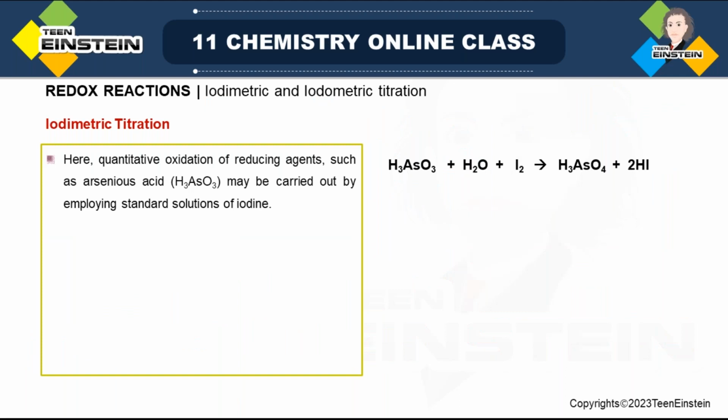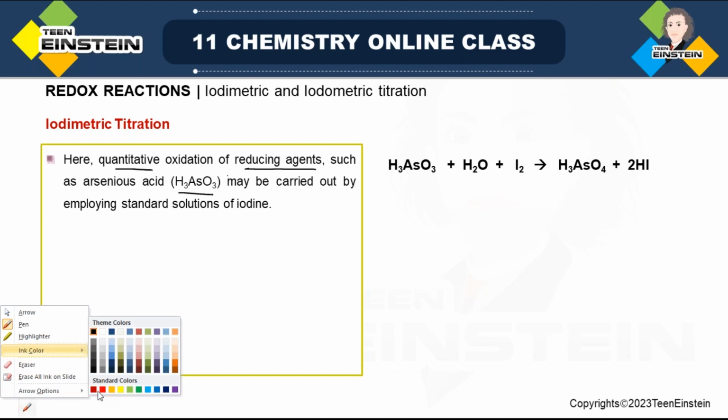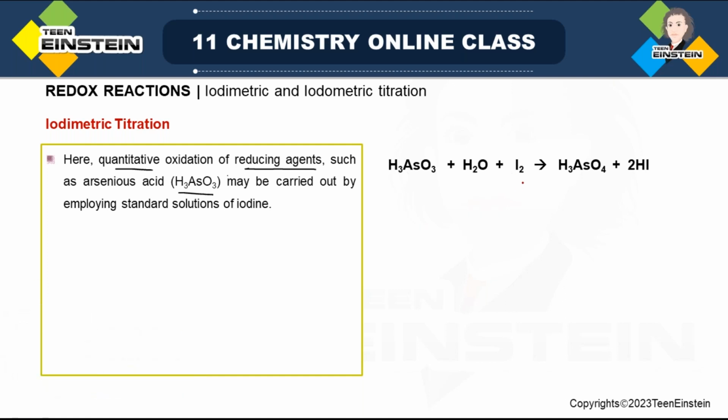So first we will see iodimetric titration. Here there is quantitative oxidation of some reducing agent. Which reducing agent have we taken? We have taken arsenious acid, H3AsO3, and in the presence of iodine, iodine is basically acting as the oxidizing agent, and this is the reducing agent. See here, which ion is involved? AsO3 3 negative.